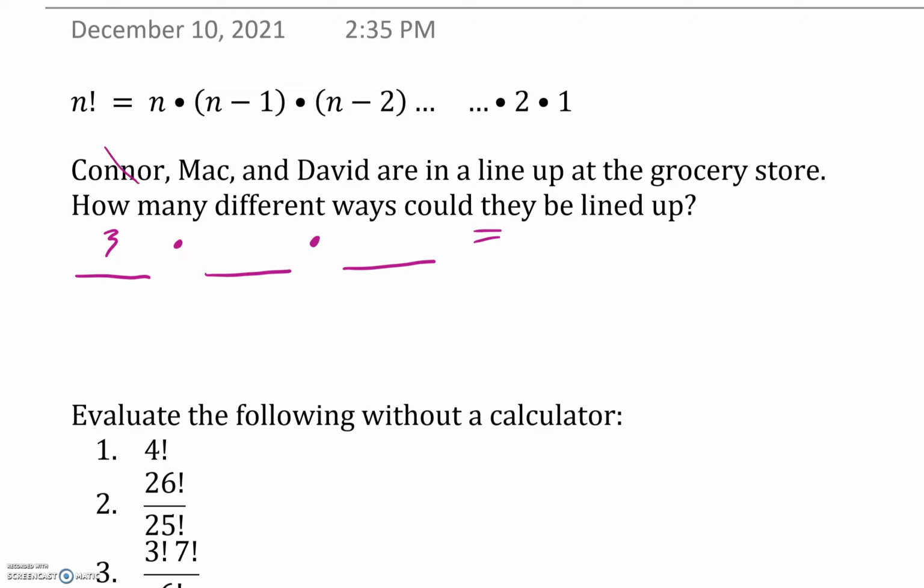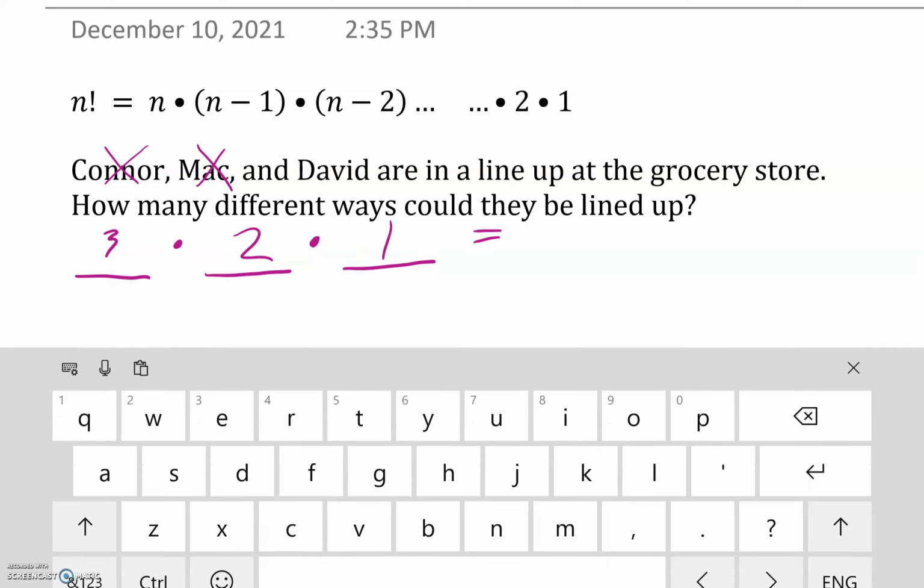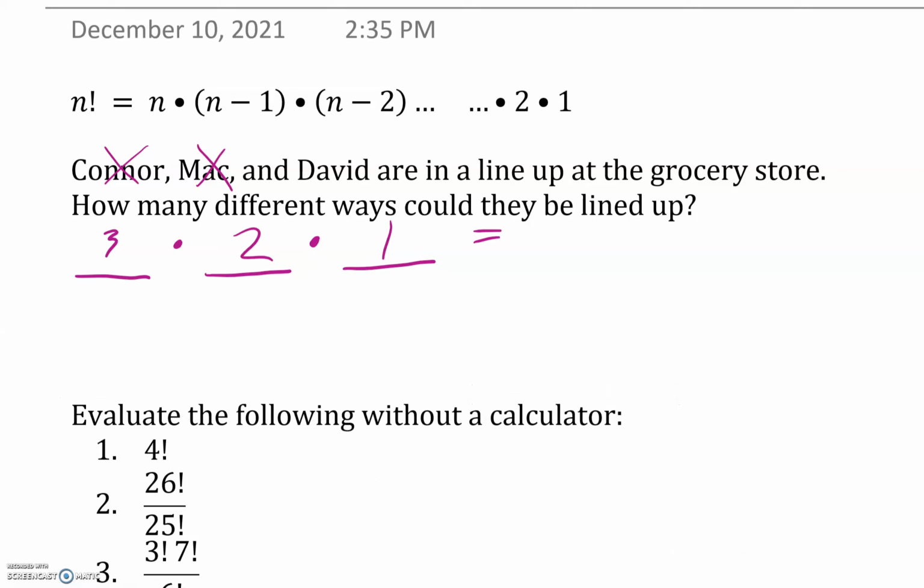Once I choose someone, after that point, there are only 2 people to choose from. I choose someone else, and now there's only 1 person to choose from. So, 3 times 2 times 1 is 6. And this is the number of different ways that they could be lined up at the store.